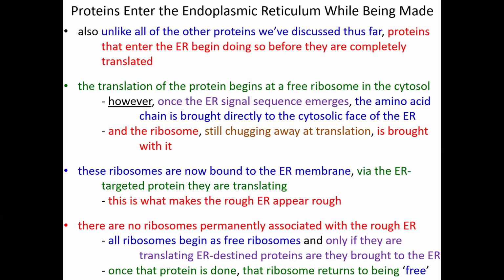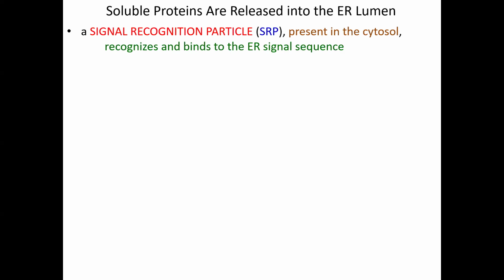Once the protein is done, completely made, and completely delivered into the ER lumen, there's nothing tethering that ribosome to the ER membrane anymore, and it floats away back into the cytoplasm, and it's a free ribosome once again. So let's drill down on how this recruitment to the ER and this threading occurs.